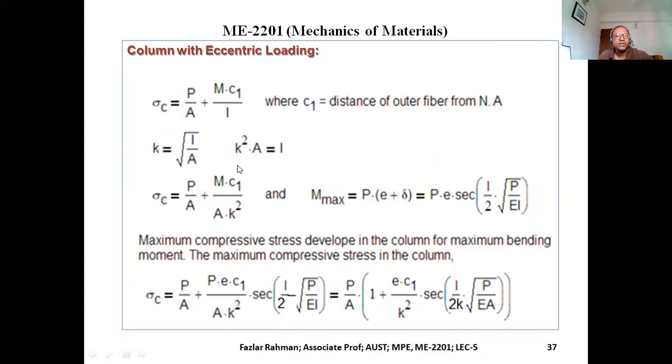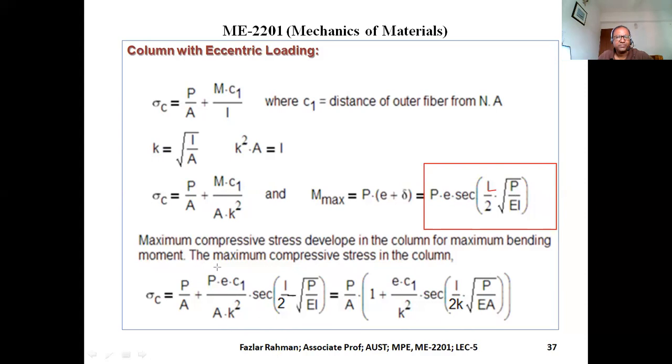Then we replace I with A K square. This is the M max, equal to this mass. This is our value of M max, and make sure you don't forget this is L actually. This value we put over here.